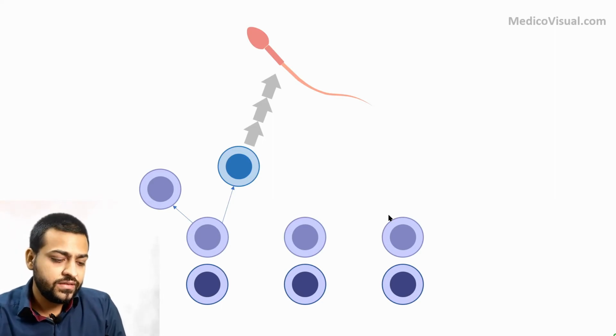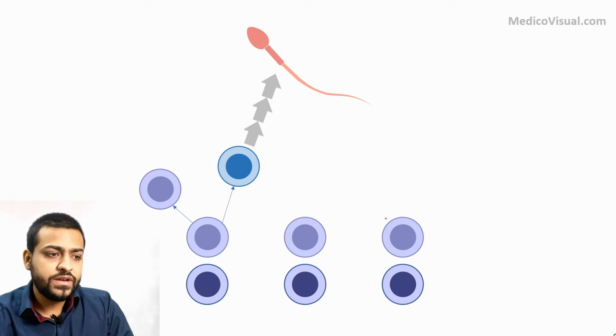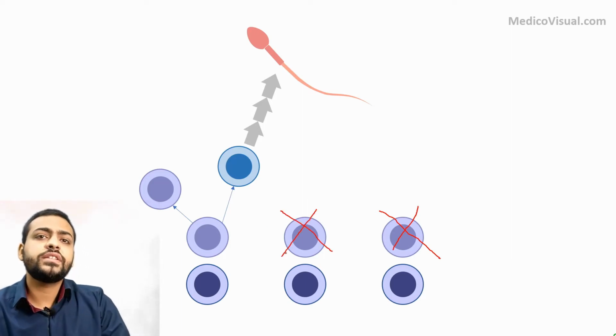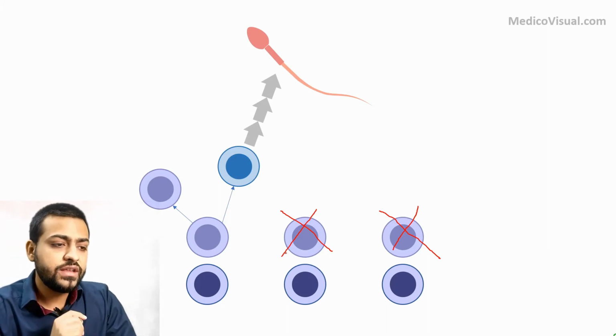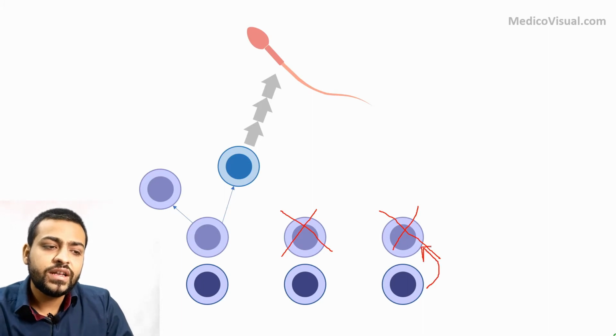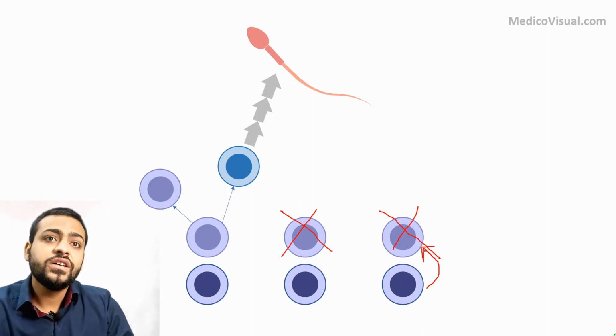For example, let's suppose due to some cytotoxic reagent or radiation, these Spermatogonia A Pale are destroyed. If most of their population is lost, what will happen is that these Spermatogonia A Dark cells will come into action and divide. They will also undergo asymmetric cell division.